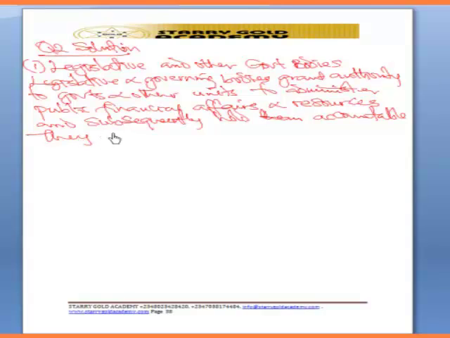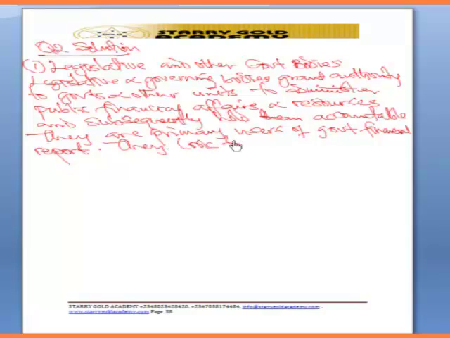They are primary users of government financial reports. They look into financial reports.